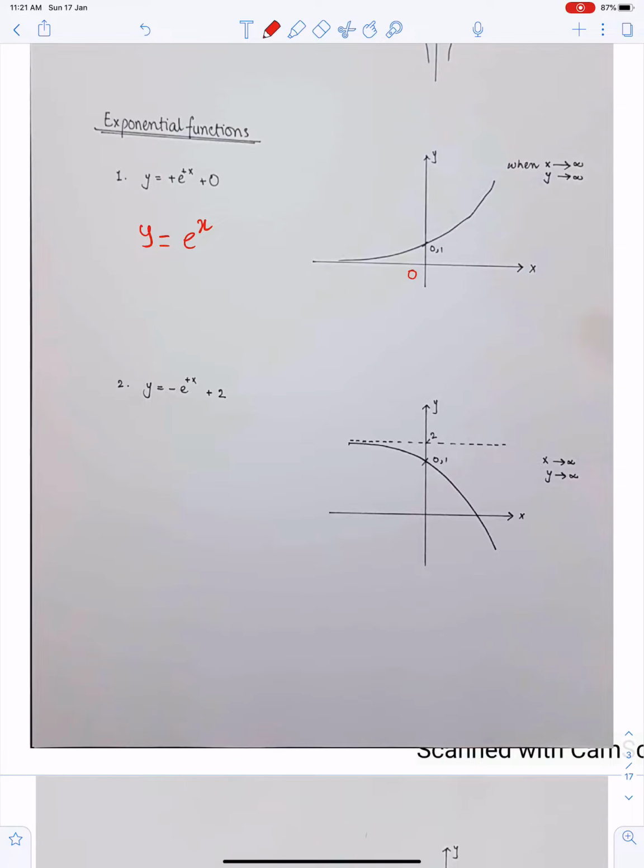Now, we have this exponential, minus e power x plus 2. What if we don't have plus 2 here? Let's suppose we have this function. Then the sketch of this function will be the opposite of this. You have to reflect this sketch about the x-axis.